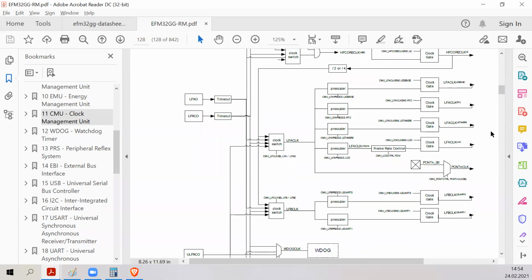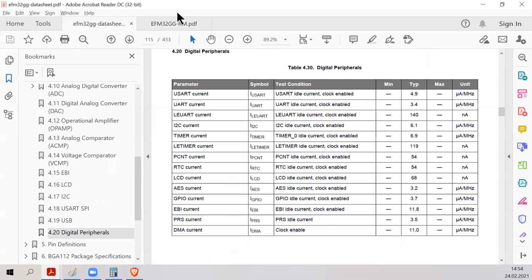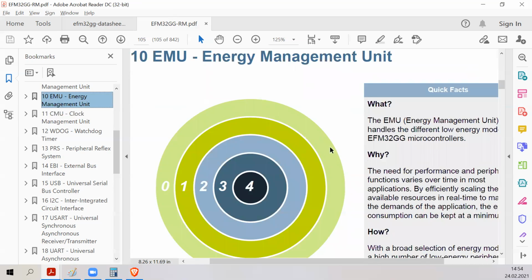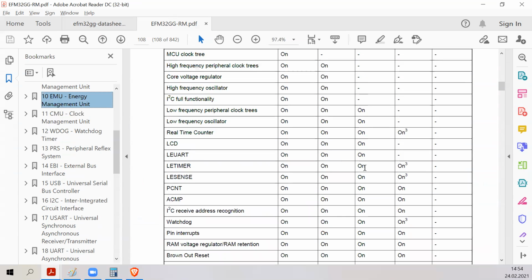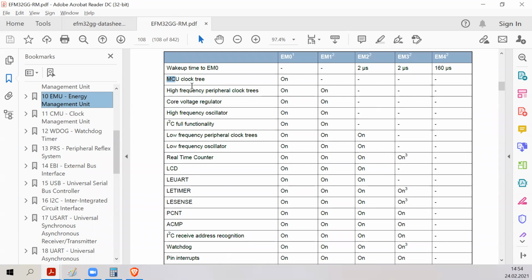So this is why in energy mode 2, where do we have it? In energy mode 2, high frequency stuff is sleeping, it's switched off, but low energy things are still running. For example, real-time clock, real-time counter, liquid crystal display, low energy UART, low energy timer, pulse counter, and also analog comparator is also working.